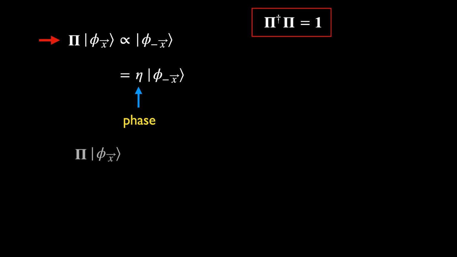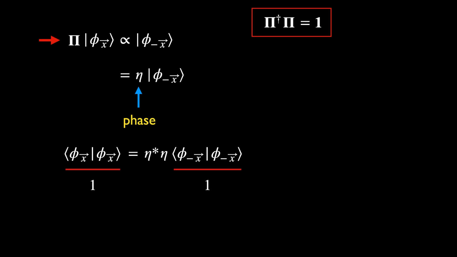Take the bracket of the transformed state, and using the relation above, we have, by the unitarity of pi, assuming that the position eigenstates are normalized, this implies that the absolute square of eta must be equal to 1. This means eta is indeed a phase factor.